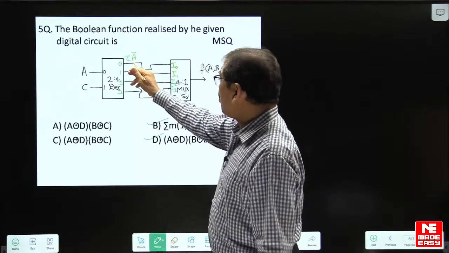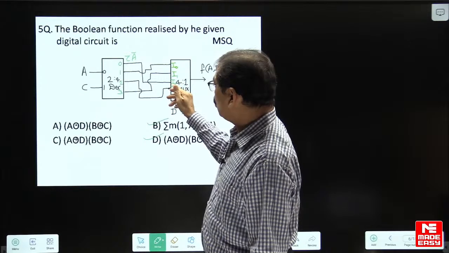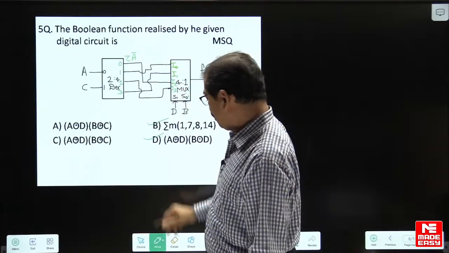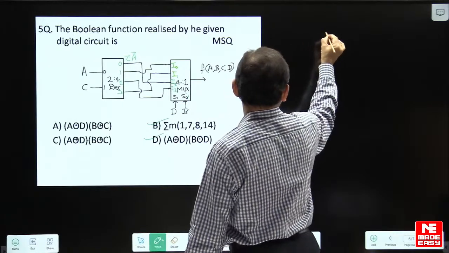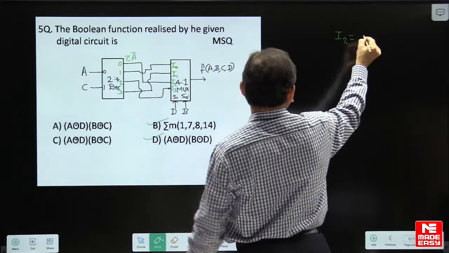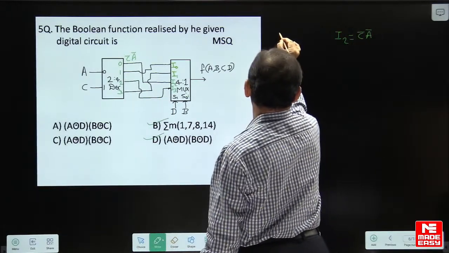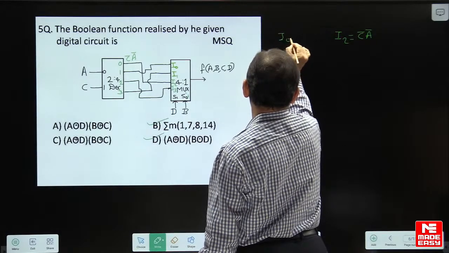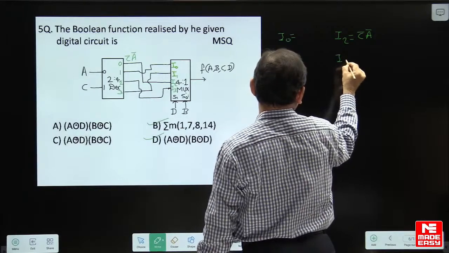So this C complement, A complement is the input to the multiplexer line 2. If you look at the line 2 input, that is I2, we have C complement, A complement. Similarly you have to work out I0, I1 and I3.